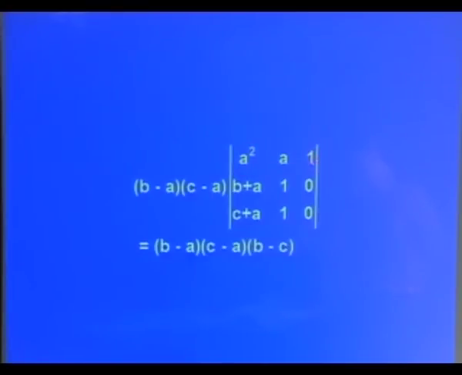So, we will have 1 into the minor, which is b plus a minus c plus a. When you simplify, we have b minus c. So, this is evaluated as (b minus a) into (c minus a) into (b minus c).